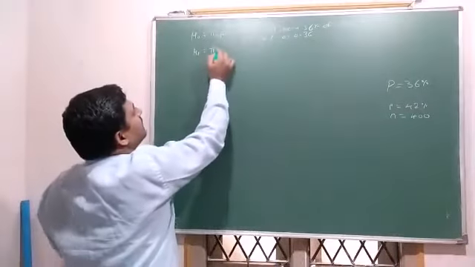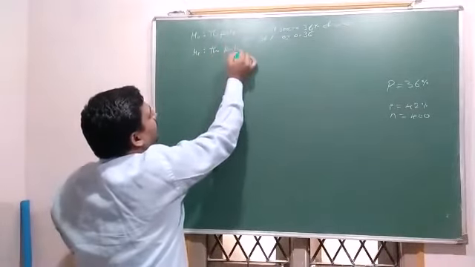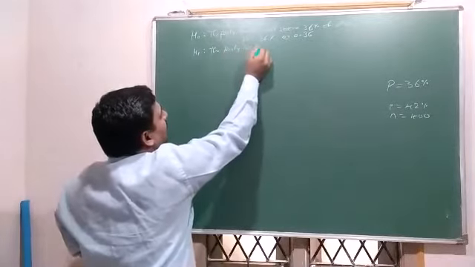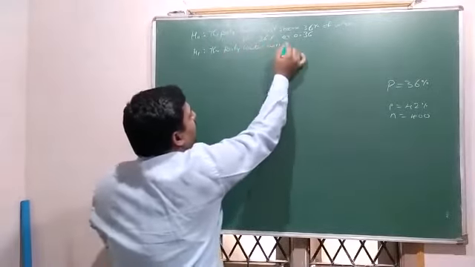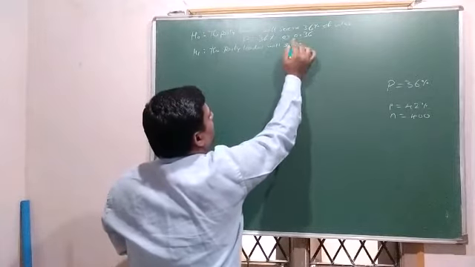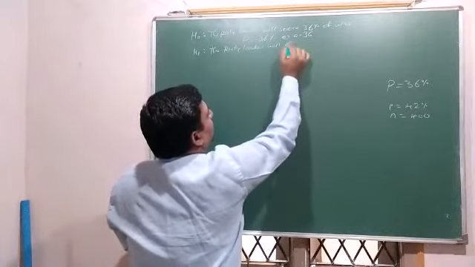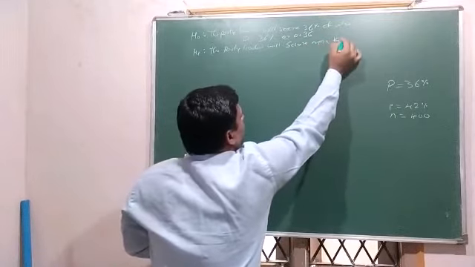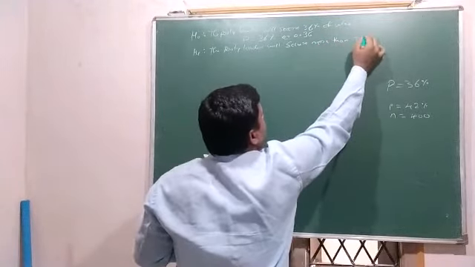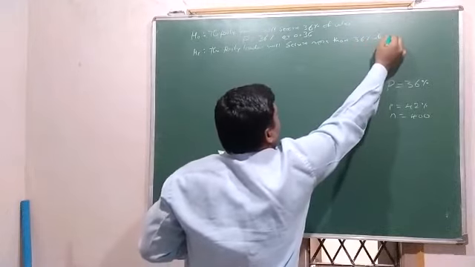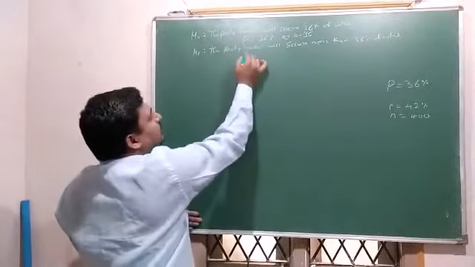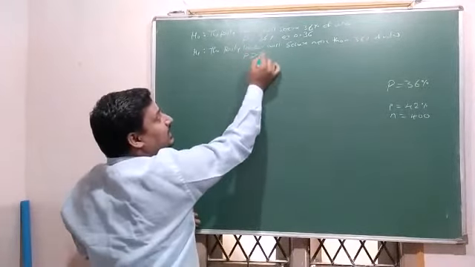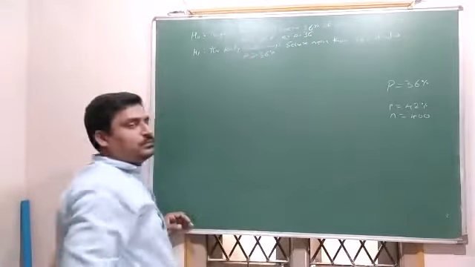H1: the party leader will secure more than 36% of votes. So P is greater than 36%.